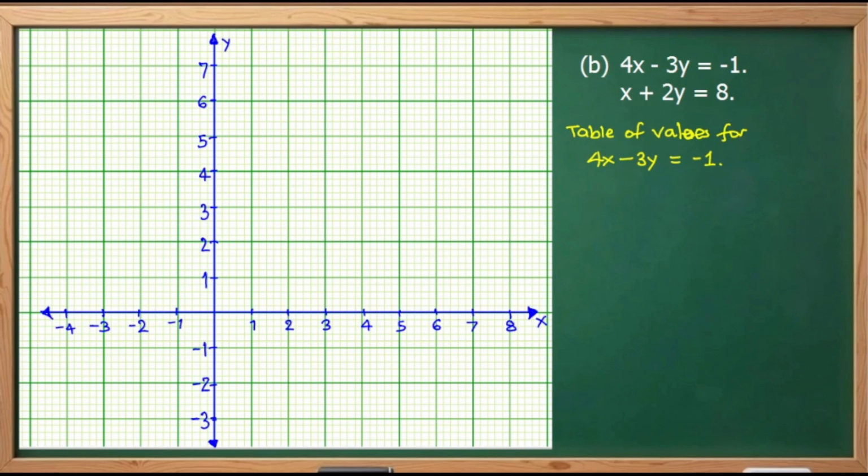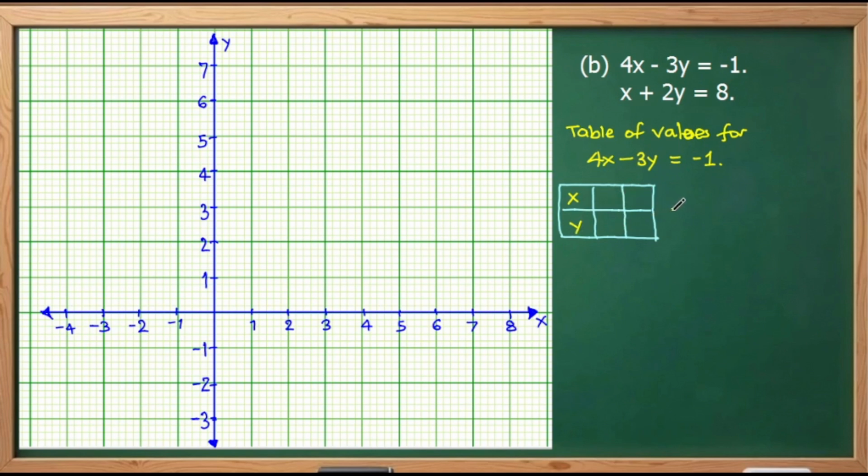Now we can draw our little table here that will contain a minimum of 2 points. So let me have 3 boxes here, where one of the boxes will be carrying x and y, and then the remaining ones will be for our values for x and y respectively.